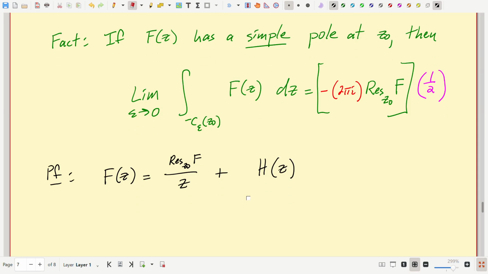And so that part you can make go to 0. The integral of that part is going to go to 0, and the other one's going to spit out half the thing you get by the residue theorem. So the details are exactly the same.